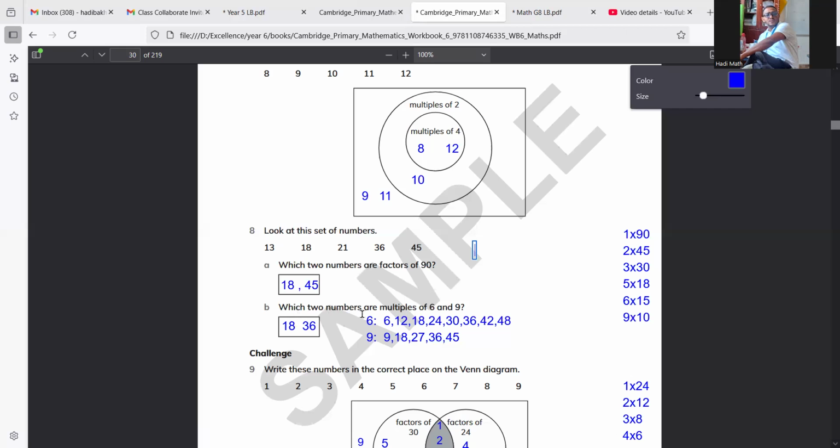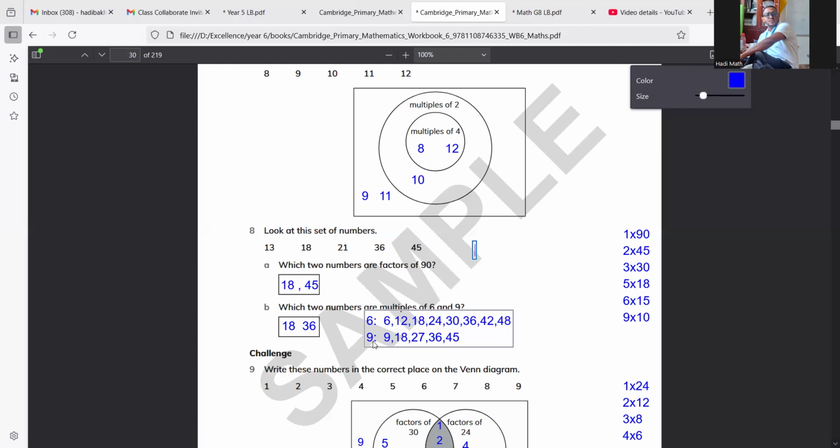They say which two numbers are multiples of 6 and 9. Go and write multiples of 6 and 9. The biggest number between these numbers is 45. Go write 9 and 6. You start with the 9 because it is the bigger number.